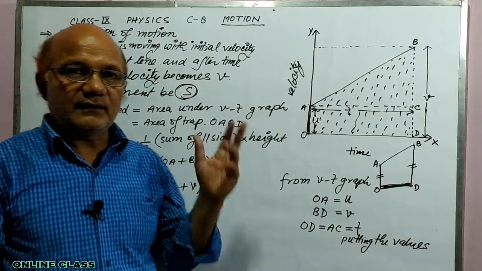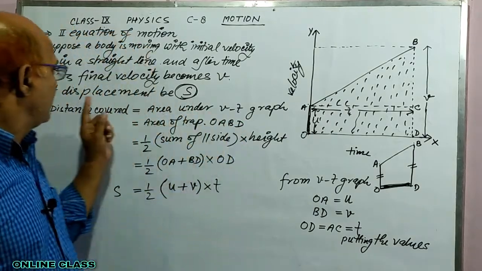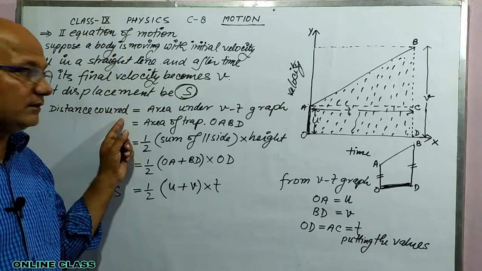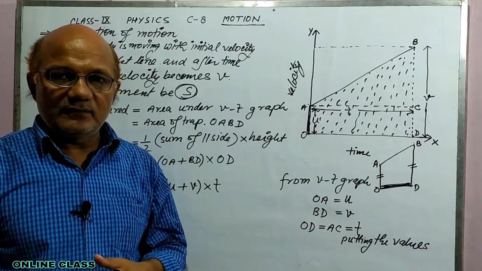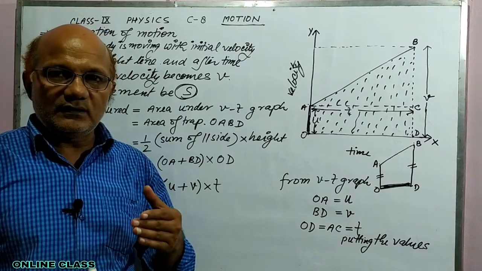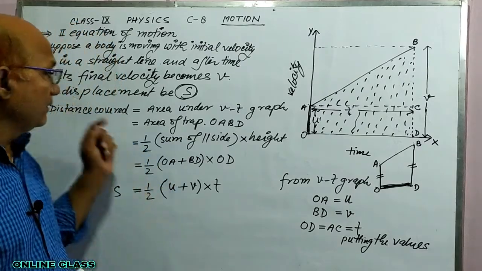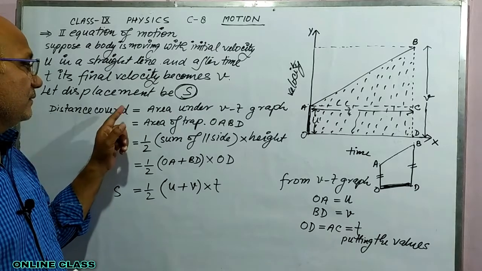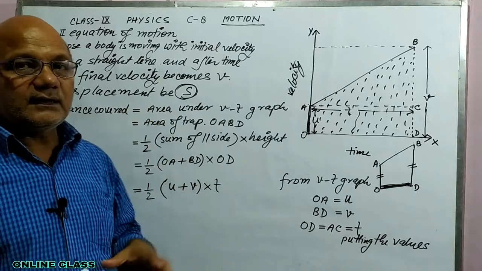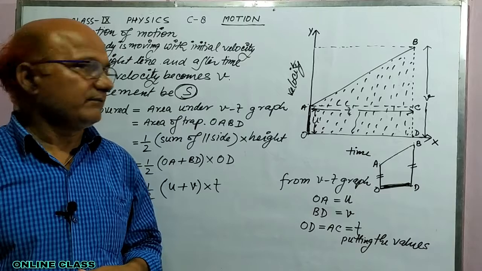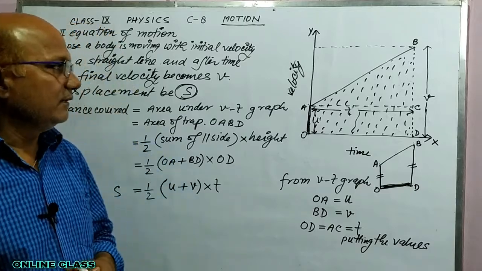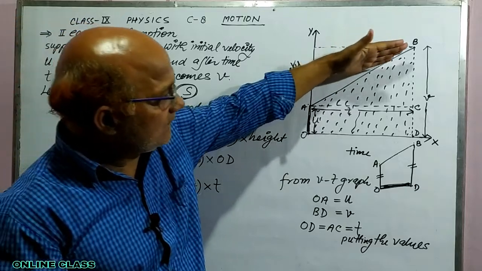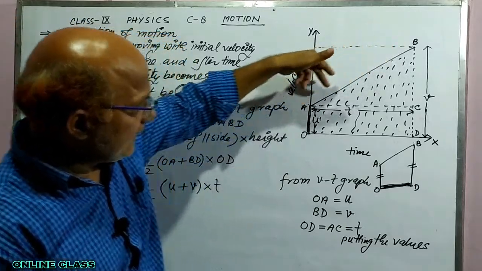Now you can see distance covered, that is equal to displacement, because the body is moving in a straight line. Okay. Distance covered is equal to area under VT graph, means area under velocity time graph. So this is the area, this is velocity time graph.